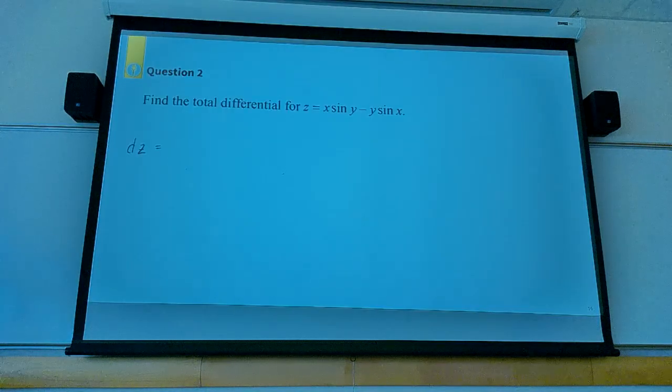That's the first term. Well, not d, partial. Which is what? Sine y.